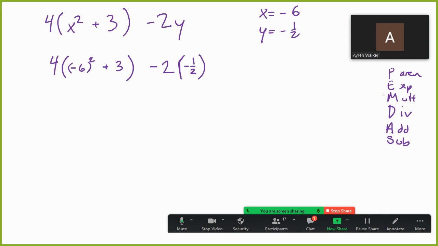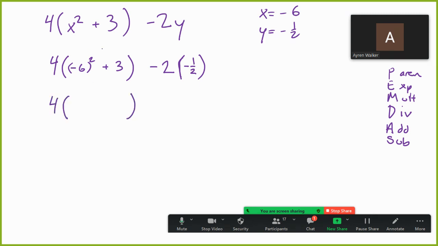Top down. So basically, do any parentheses that we have. And then if there's stuff inside the parentheses, then we restart the PEMDAS and say, okay, well, then I want to do my exponents first, then any multiplying or dividing, then adding, subtracting. So let's try to do our parentheses first.